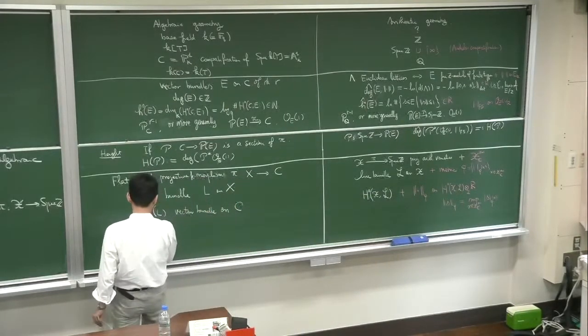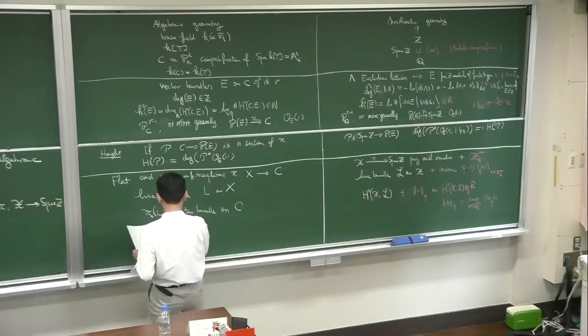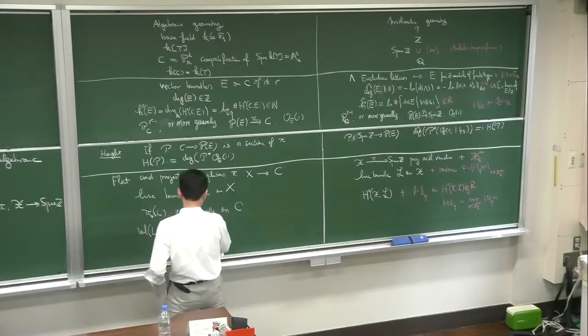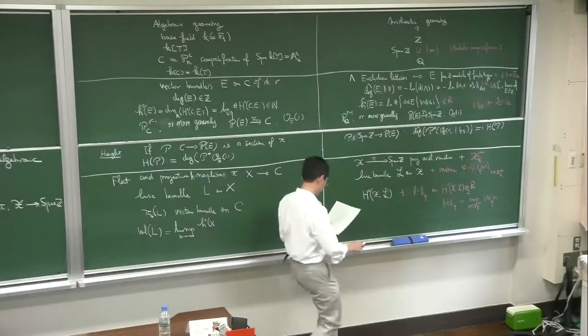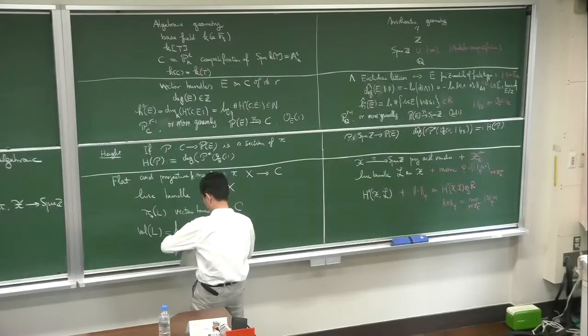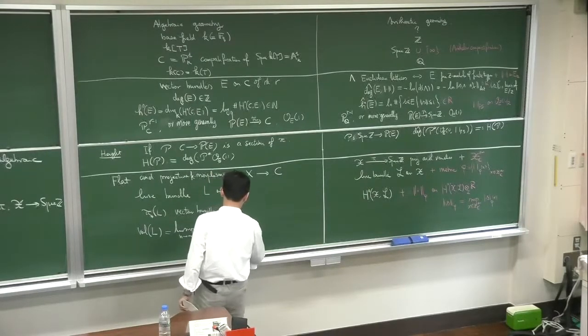And then you can, for example, define an invariant, the volume of L, which is the limsup as n goes to infinity of h^0(L^n) divided by n to the power dimension of X over dimension of X factorial.